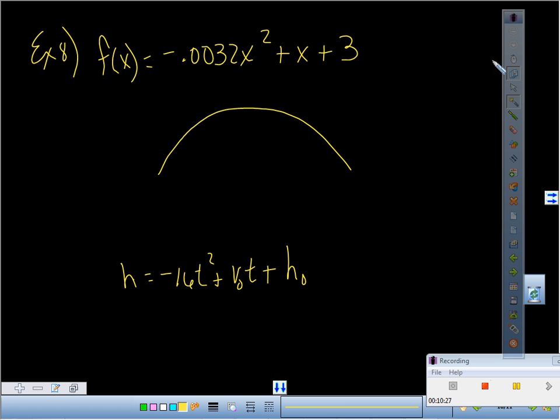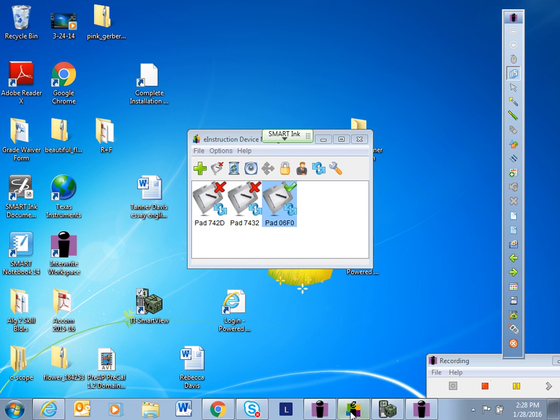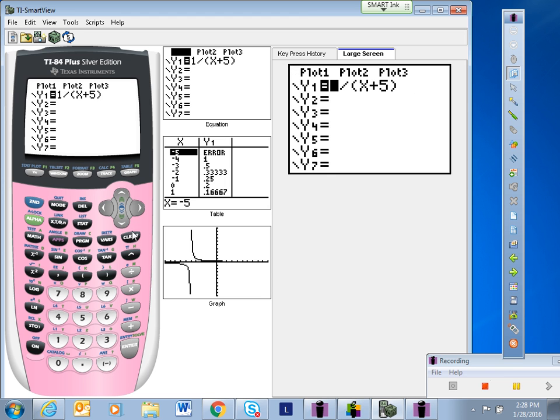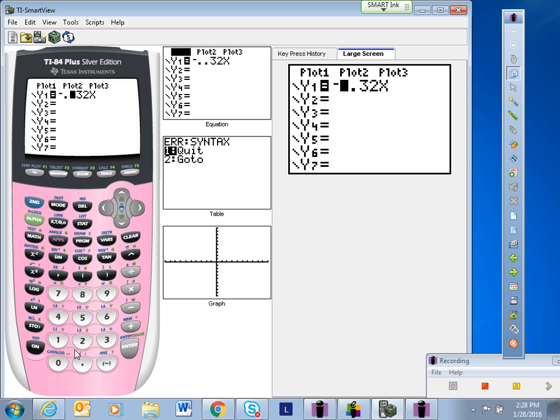So I'm going to put that in my calculator, and then we're going to talk about it, because I'm going to tell you what the question is. So, negative 0.0032 x squared plus x plus 3.